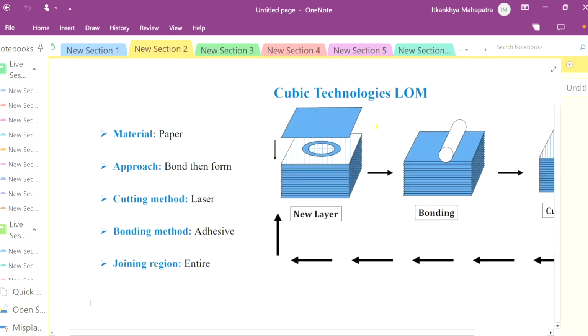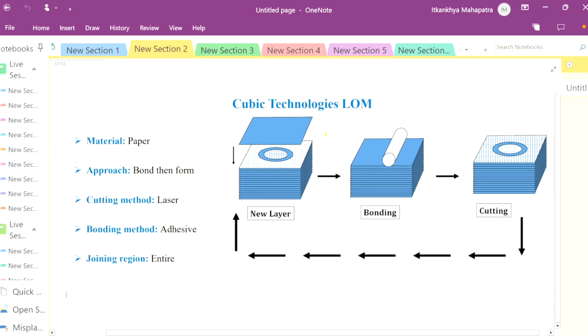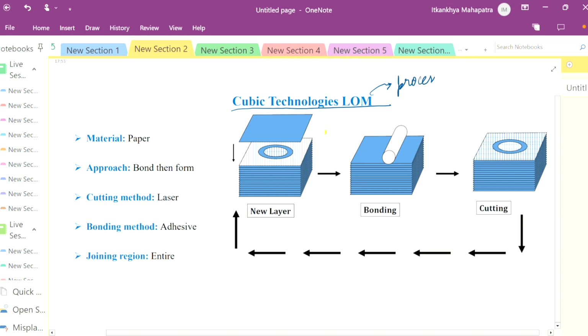Okay. So this is the cubic technology, LOM. This process was developed by Helisys.